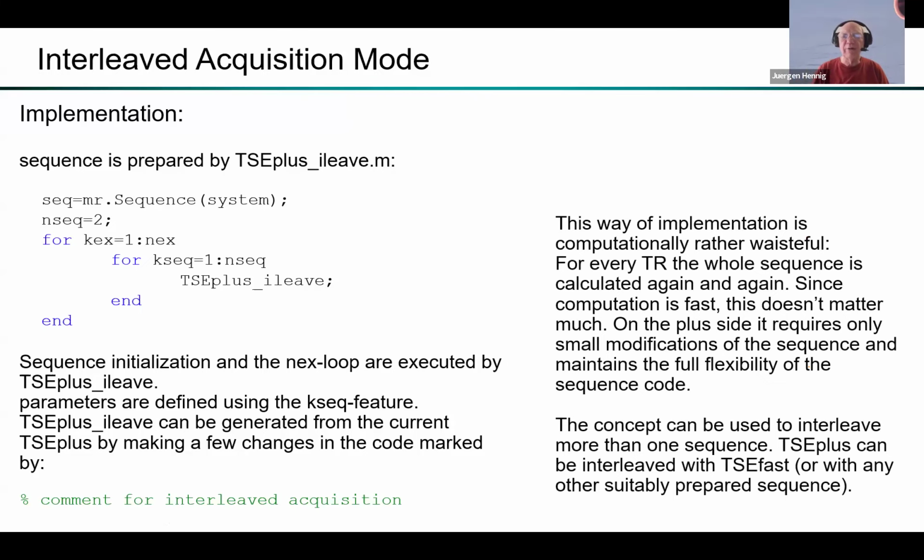It's computationally rather wasteful because for every TR, the whole sequence is calculated again and again, but the computation is fast, so this doesn't matter. On the plus side, in order to use that for whatever implementation you are working on, you just need to add or remove some comments in the sequence, and the basic sequences are marked like that, so you can very quickly get that done.